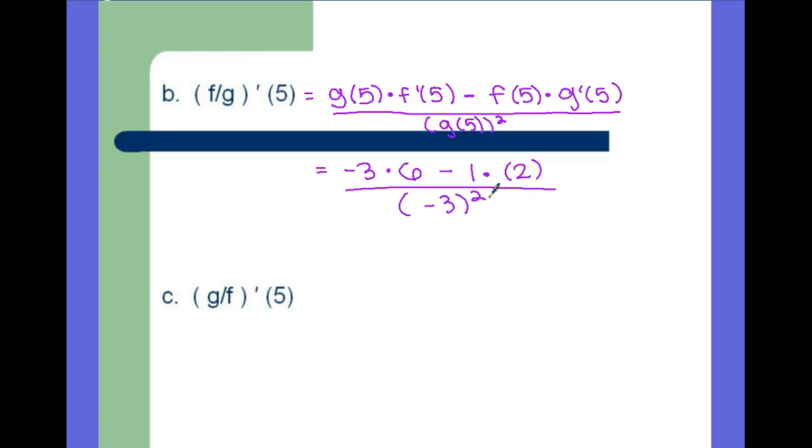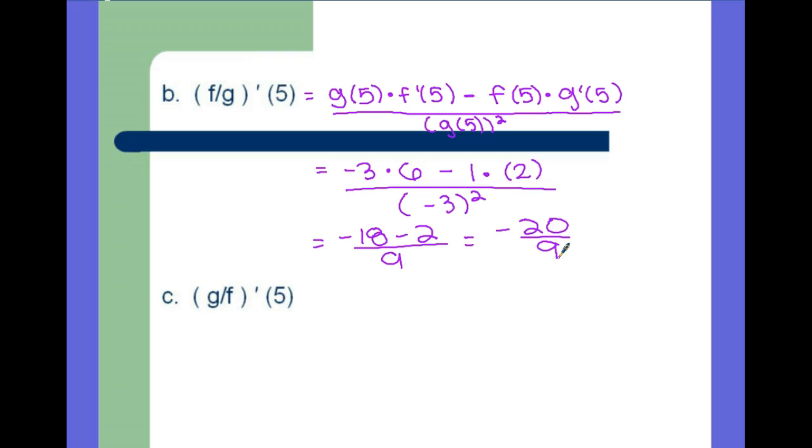And we know that any negative number squared is positive. So we get -18 minus 2 all over a positive 9. So you get -20/9.